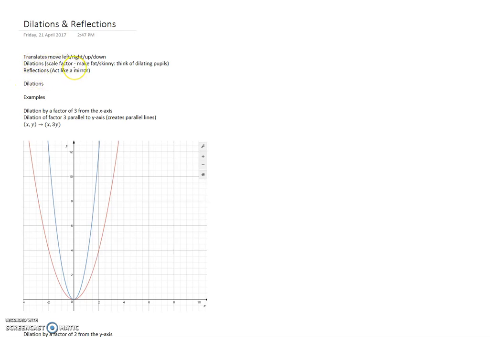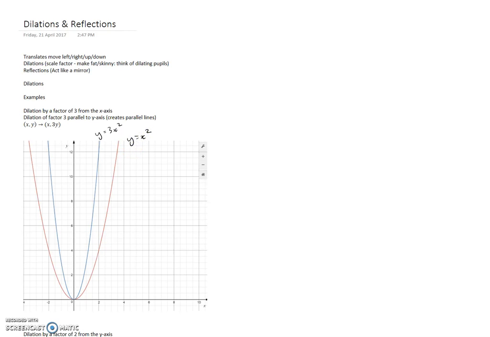Dilations are another type of transformation. What they do is they make things fat or skinny. Okay, so in this example here, the blue one is y equals 3x squared, and the red one is y equals x squared.